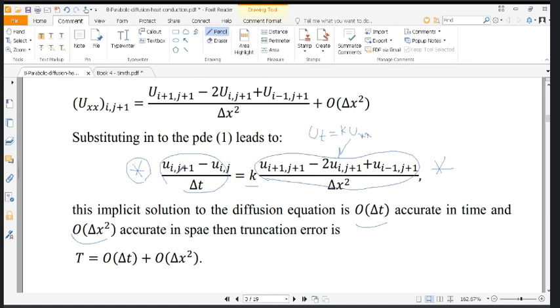U with the index j plus 1 is unknown, and u with the index j is known. Known, this is unknown, this is unknown, and this is unknown. Please rearrange and send to me your solution.